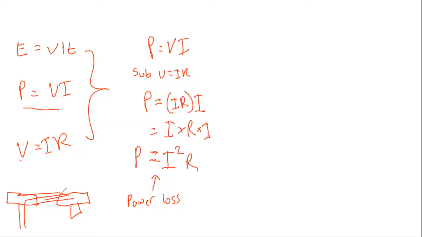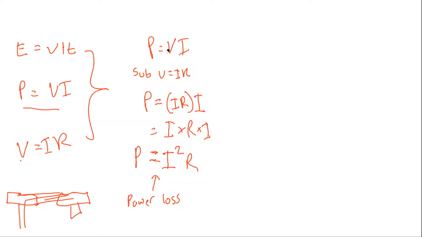And it's going to be really dependent on the current, because it's I squared, not just I. So what we usually do, and this might sound really weird, with these lines, is we don't use high current. We actually use high voltage instead.